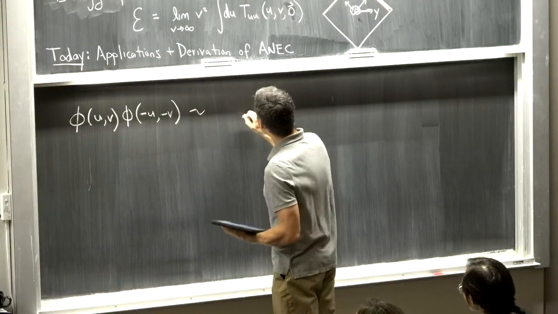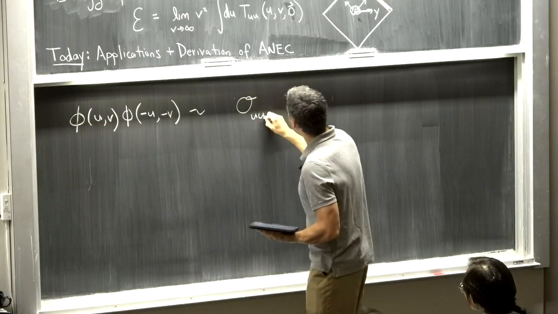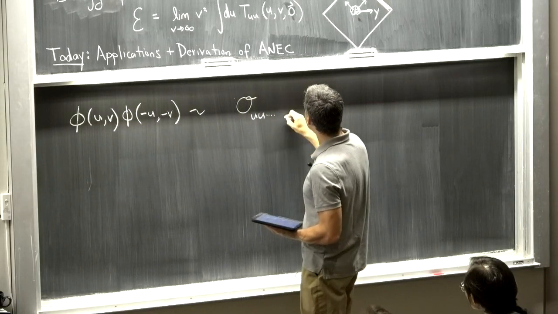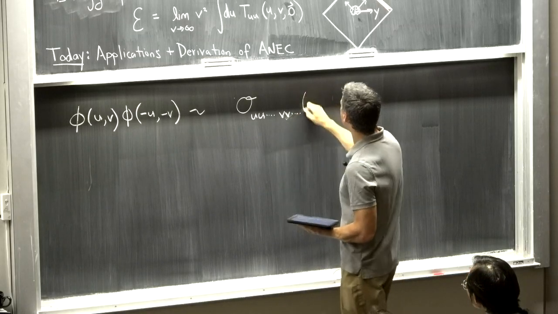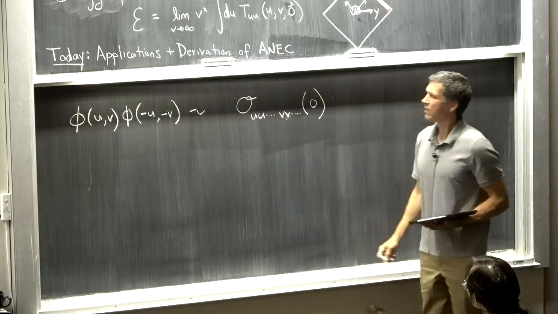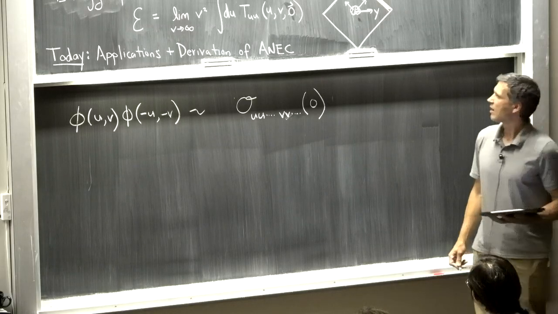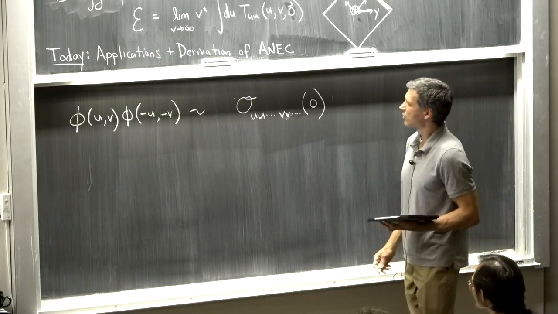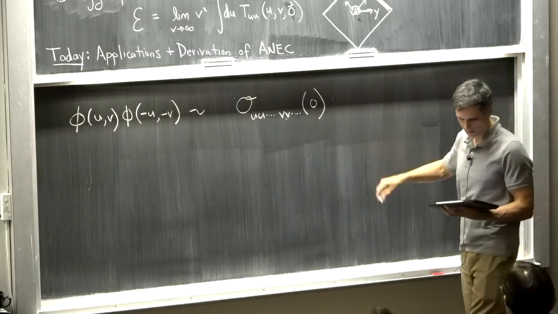Okay, so let's say there's an operator in here with a bunch of u indices, a bunch of v indices at the origin. So we're going to try to expand the OPE around the origin. And then we have to use dimensional analysis to figure out what kinematics show up here.